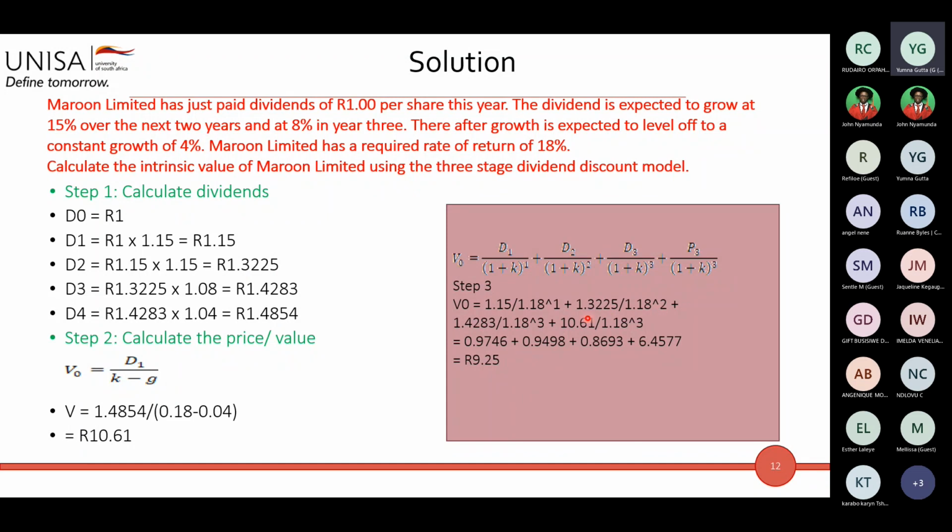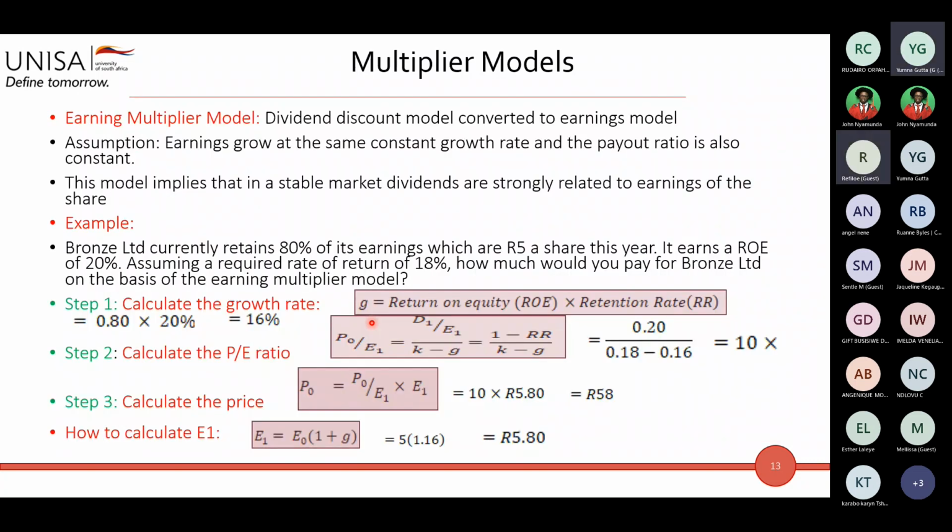Then you take your D3, which you calculated, over 1.18 cubed, plus your price, 10.61, again over 1.18 cubed, because we calculated our price in year 3. You add up all of these values, and you'll get a value today of 9 Rand 25 for Maroon Limited's share. Let's move on.